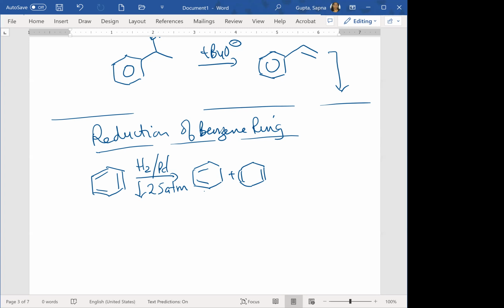But once you've reduced it, now you just have a normal diene. And once you have that, then you don't really need high pressure anymore, and you can use whatever metal you need. And usually people don't stop in the middle. You can go on and get all the way to cyclohexane. Not that you want to, but if you wanted to, you could, because I would just buy cyclohexane from the store.